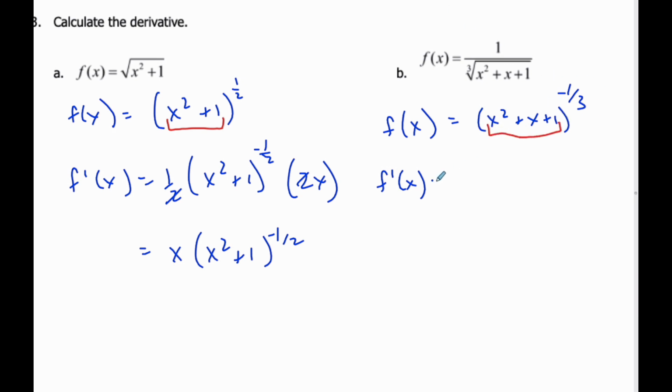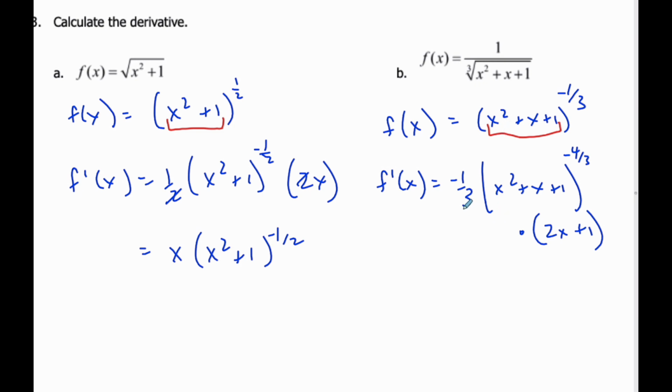So the negative 1/3 comes to the front. I keep the inside the same. And then I subtract 1 from the exponent, which is negative 4/3, times the derivative of the inside, which is going to be 2x plus 1. And there's no more inside to go, and so I am finished there.